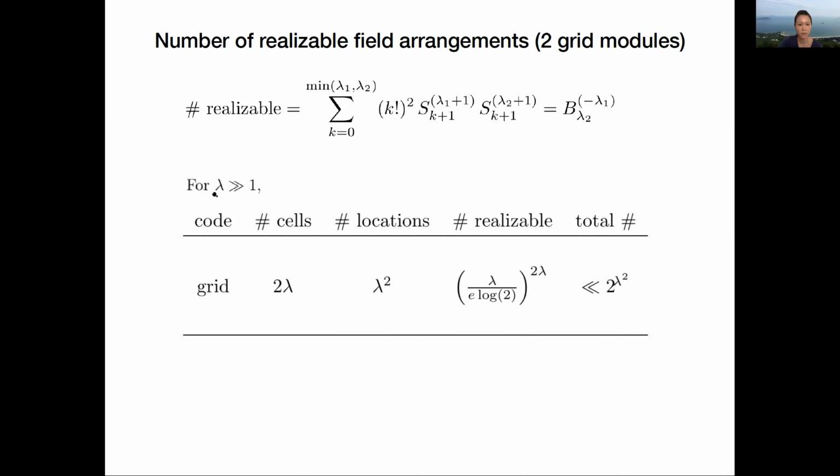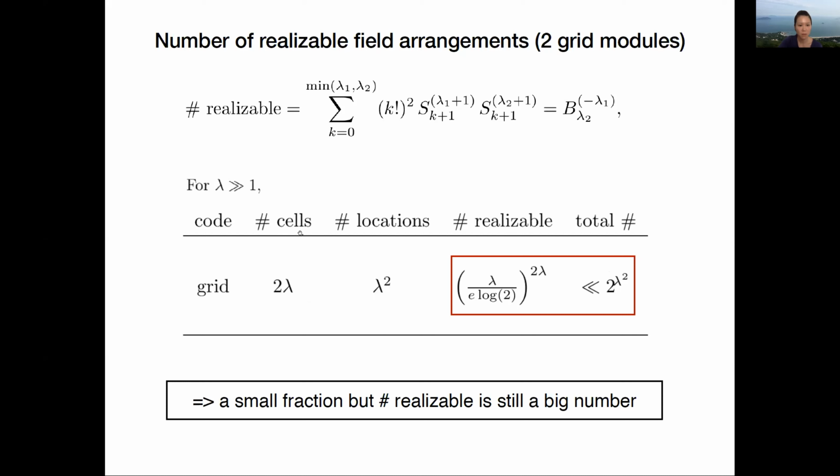And for large periods, lambda1 is of the same order of magnitude as lambda2, so we can do some approximation. So we will have approximately 2 lambda cells and lambda square distinct locations, and the number of realizable field arrangements can be approximated by this. And also this 2 to the lambda square will give us the total number of field arrangements.